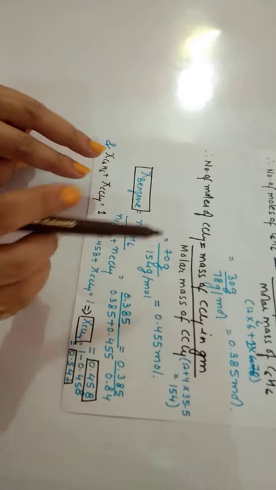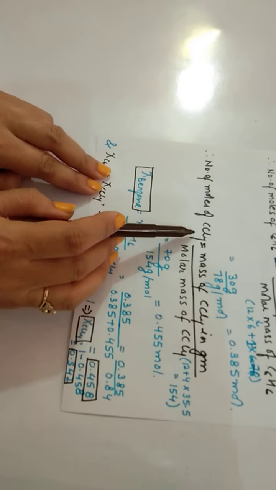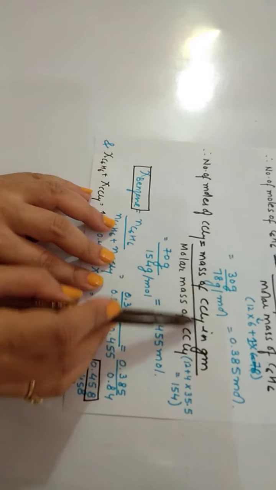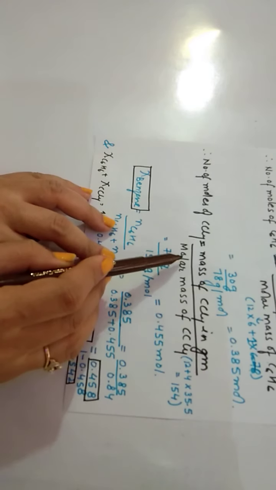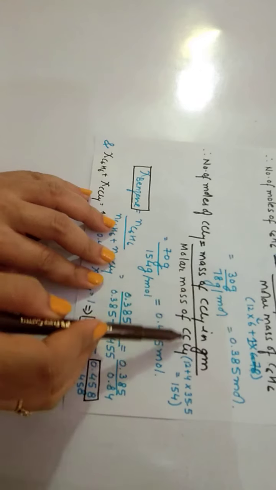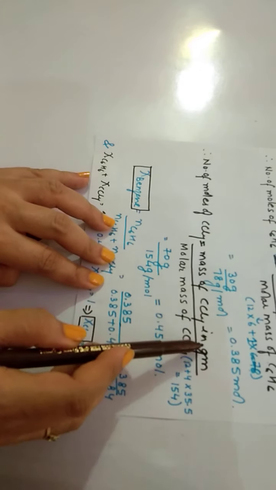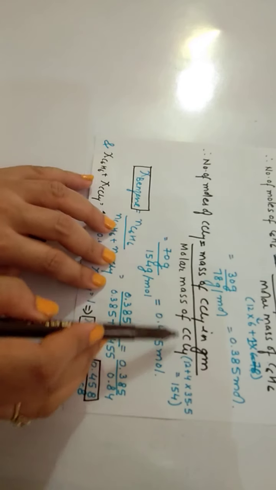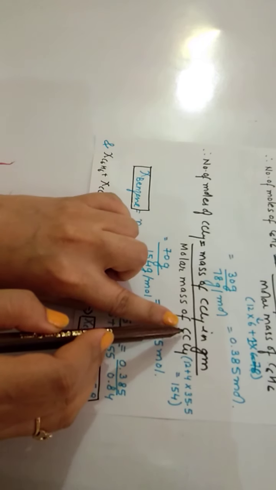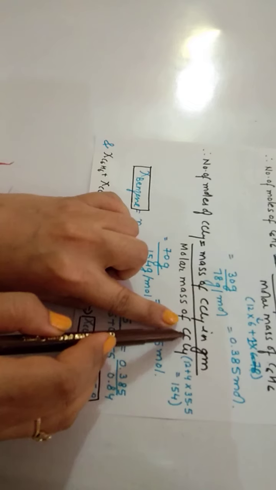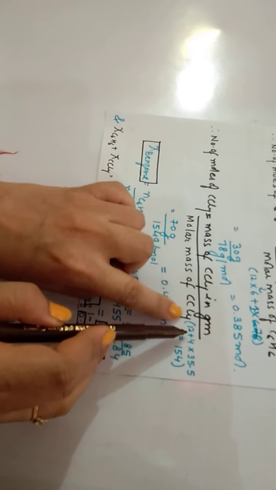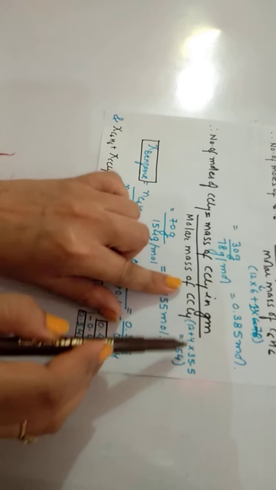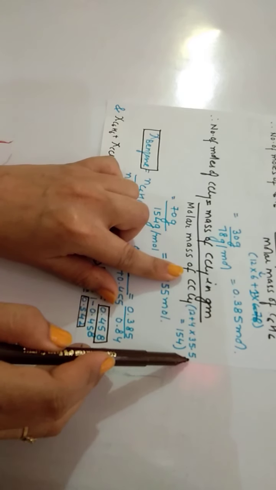In the same way, you will find out the number of moles of CCl4. Number of moles of CCl4 is mass of CCl4 in gram divided by molar mass of CCl4. Mass of CCl4 in gram we have found out to be 70 gram. And molar mass of CCl4 will be the mass of carbon atom, 12, plus 4 chlorine atoms into the mass of chlorine, which is 35.5.